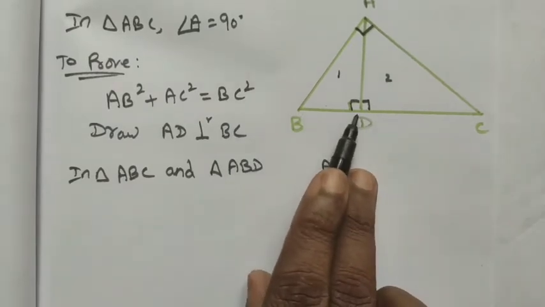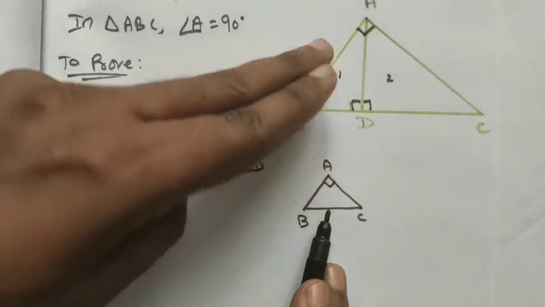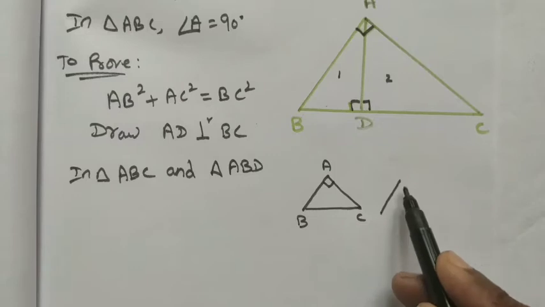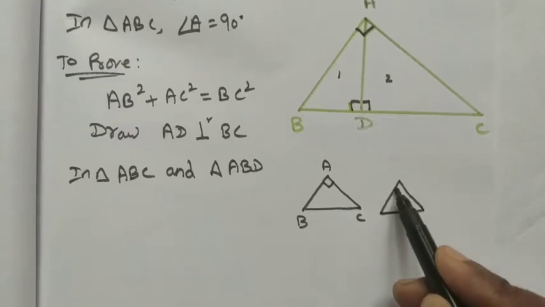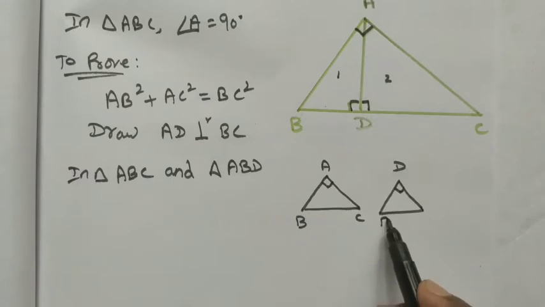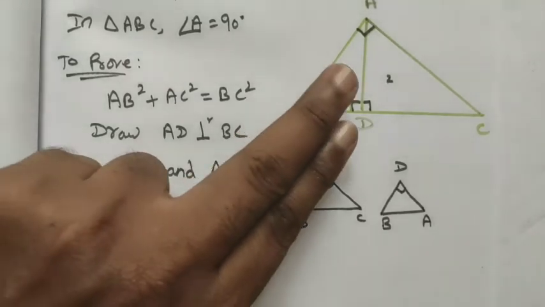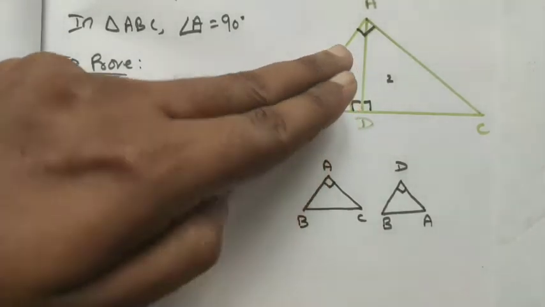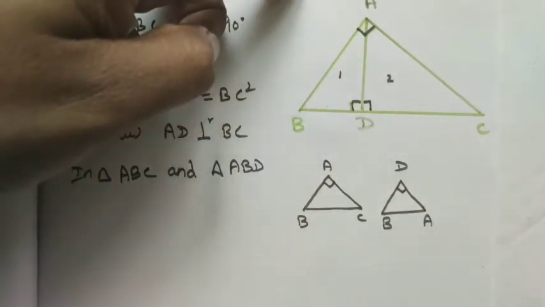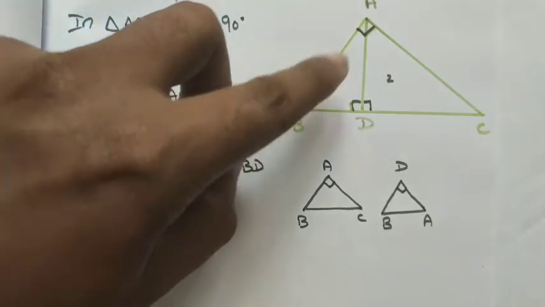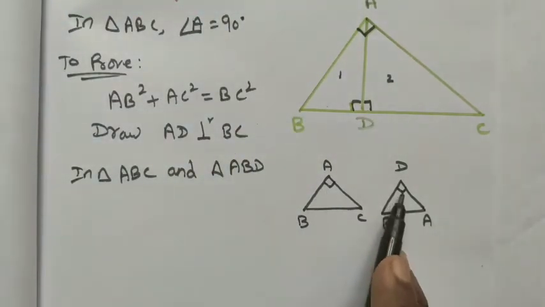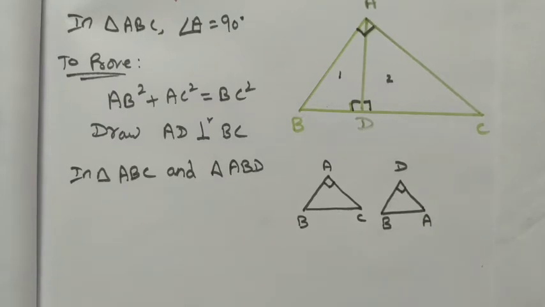This triangle I rotate to change its position like this, so here also we get 90 degrees, that is D is 90 degrees. Now angle A and D are 90 degrees.